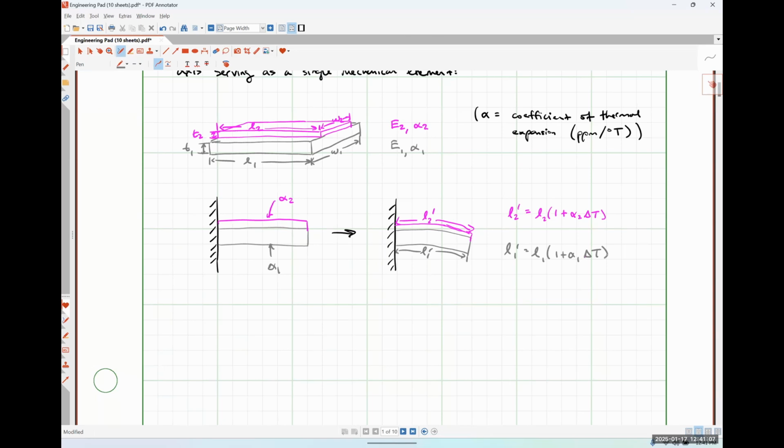And based on the way that our beam is bending, we would know that alpha 1 is actually less than alpha 2 in this particular case, because we'll always bend towards the smaller coefficient of thermal expansion. So effectively, the higher coefficient of thermal expansion means that that beam is going to tend to expand more and push the other one down. Okay.